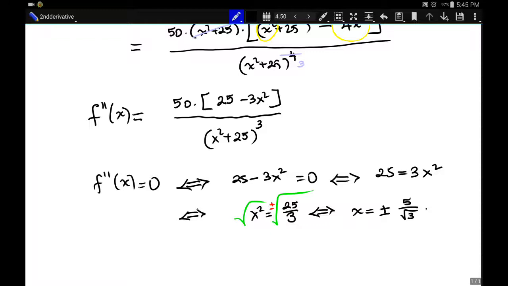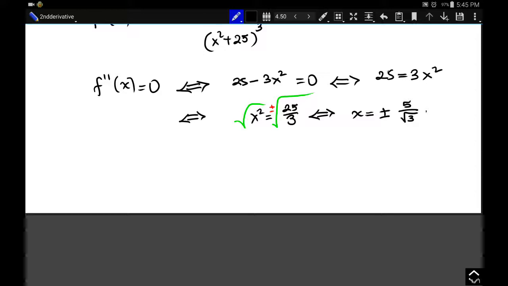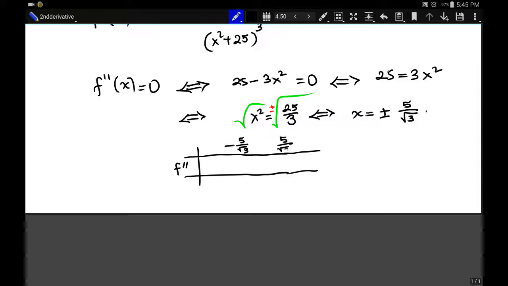So to find the concavity, I'm going to check the sign of this f double prime. There are two values, negative 5 over root 3 and 5 over root 3.